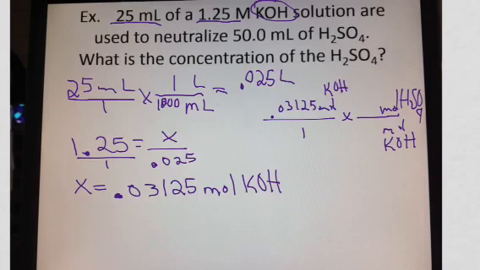Now, to do that, you need a balanced chemical equation. So if a balanced chemical equation was not given to you, then you would have to write it. It's real easy. You just do a double replacement. So it doesn't matter whether you write the acid or the base first.